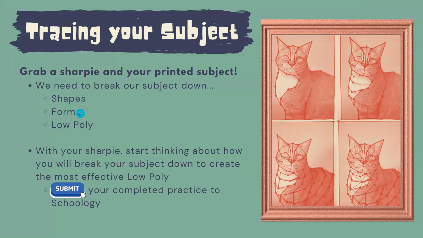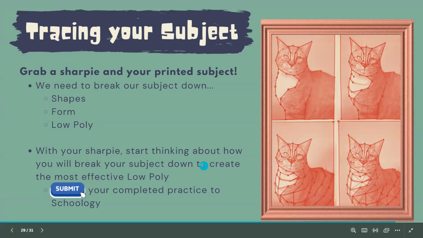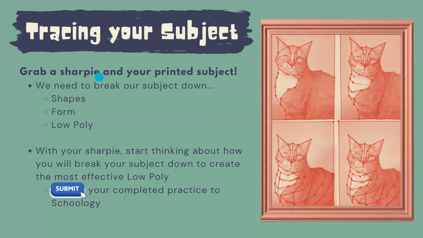We're going to pick out what's important about our subject and then transform it into low poly. So we're looking at shapes, then the form, then low poly here. And you can see I start doing that over here. I break it up into some of the main shapes. I think about the form and then add the low poly. So go ahead, print that image, get out your Sharpie.